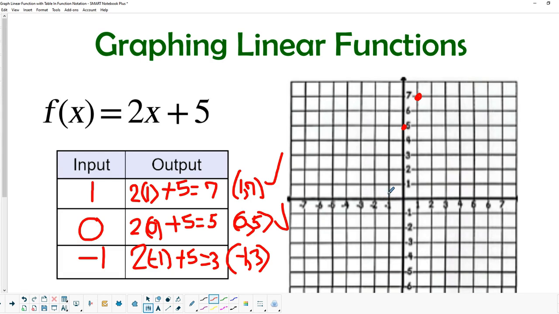So in -1 and 1, 2, 3. And that takes care of that one. So there's our graph, and then we kind of zip on down like that. So that's how you use inputs and outputs on an input-output table to graph a linear function.